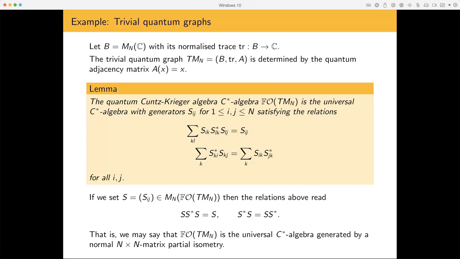But in the case of higher n, being normal doesn't mean that your S is a unitary. So that's perhaps slightly surprising. Let me tell you what we can say about this algebra.